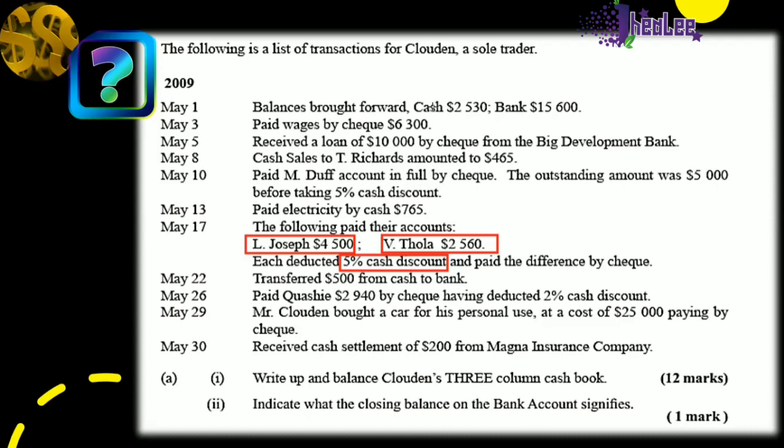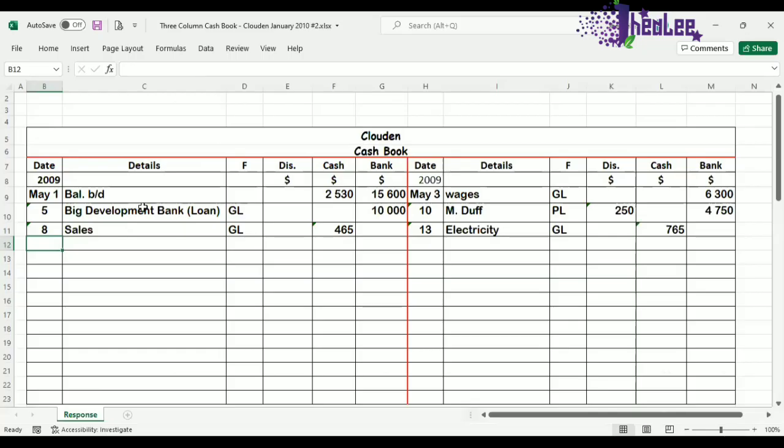So let's make the entry in the cash book for L. Joseph. Remember, the customers are paying us. So that is a receipt. So that's May 17, L. Joseph. And the discount, remember, that is $225.